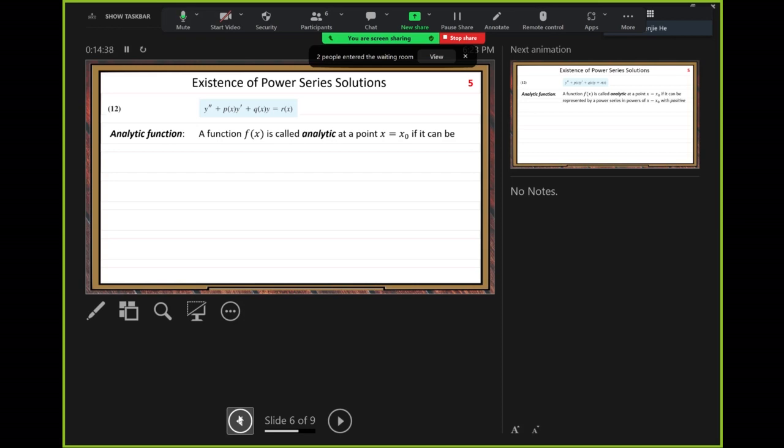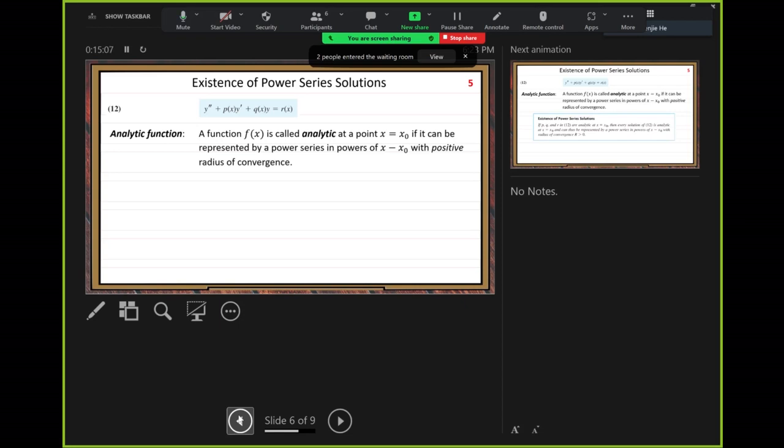This analytic function should have the following strong property: it can be represented by a power series in powers of x minus x0 with positive radius of convergence.